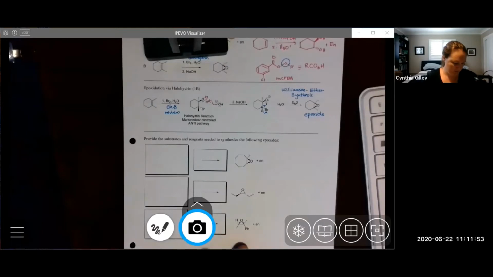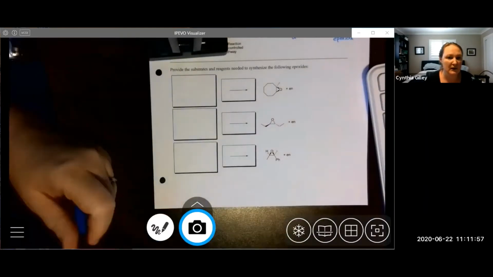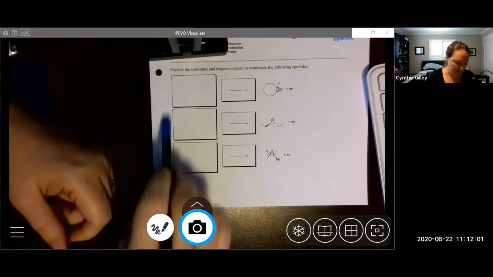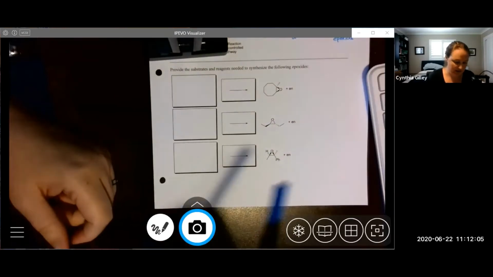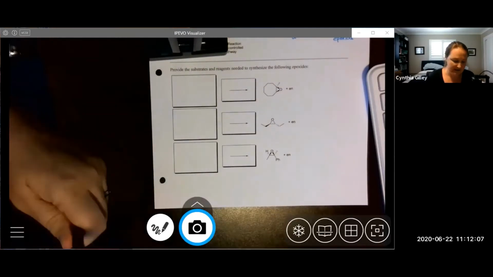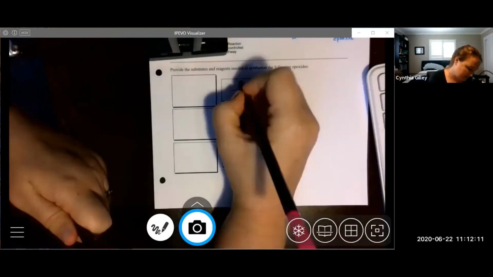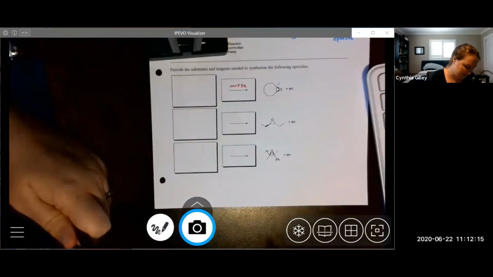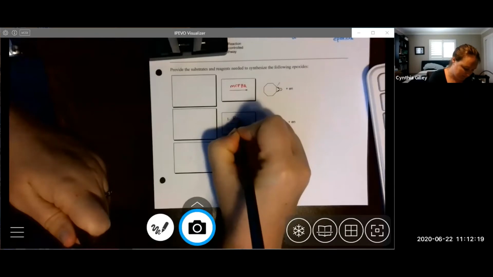So when it comes down to the next question, which is figuring out what the starting material is and what the reagents are, in terms of the reagents to make these epoxides, it doesn't matter which one you choose. Again, it's really just an advantage of scale, right? So he kind of just alternates between the two and says it doesn't matter.